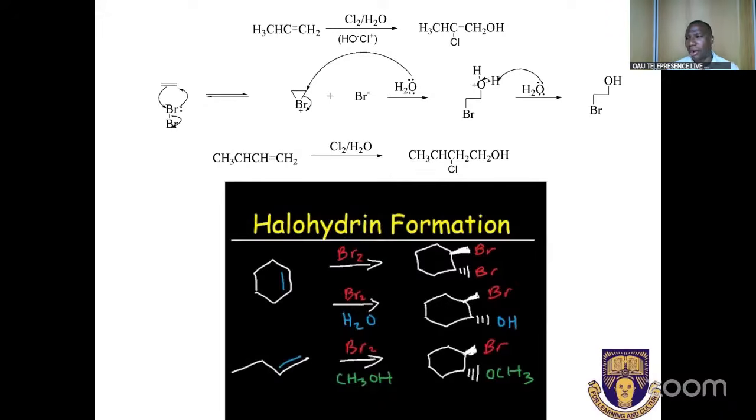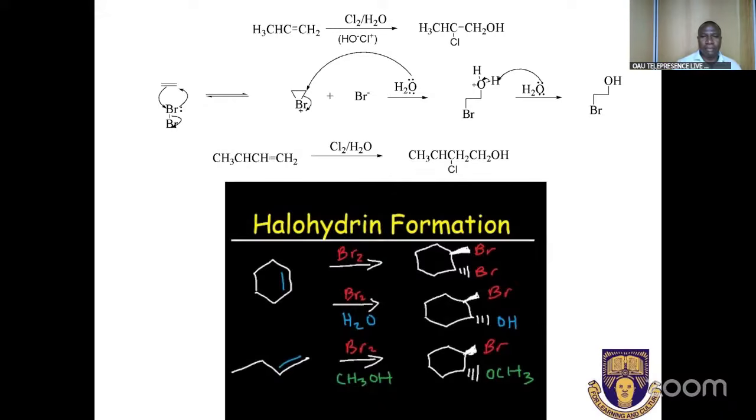It's like, remember, in water you have H plus and OH minus. So it's that kind of mindset we're using here. In this case, it is HO minus and Cl plus for chlorine water. And then again, remember, the double bond will pick the positively charged species first.